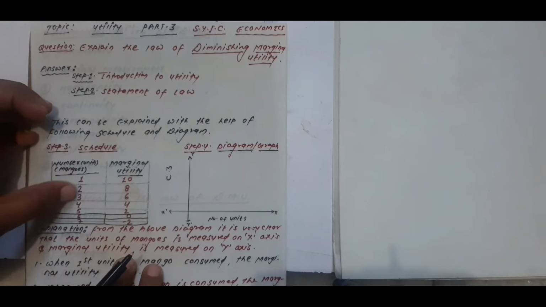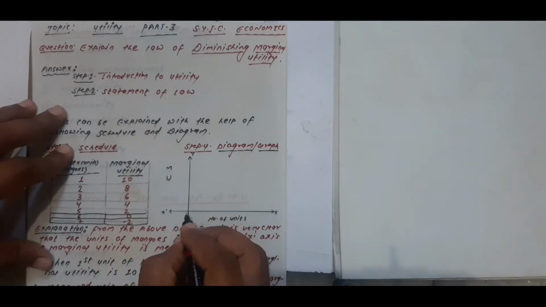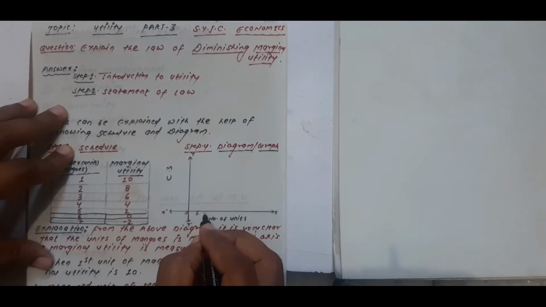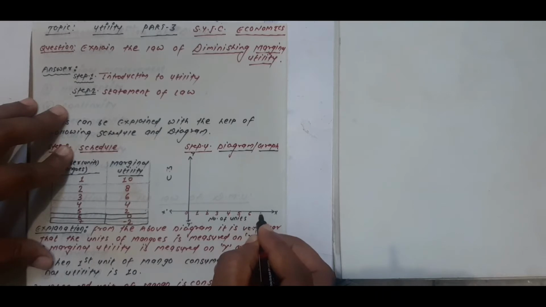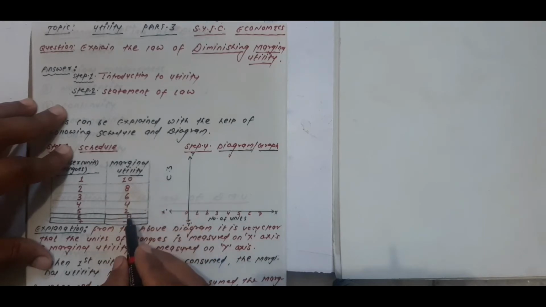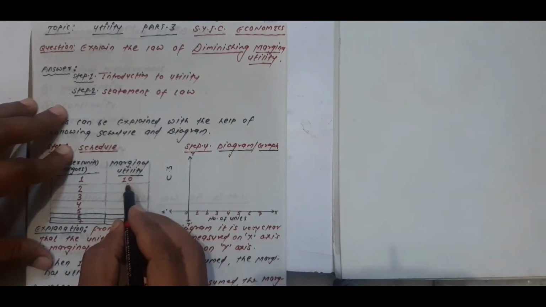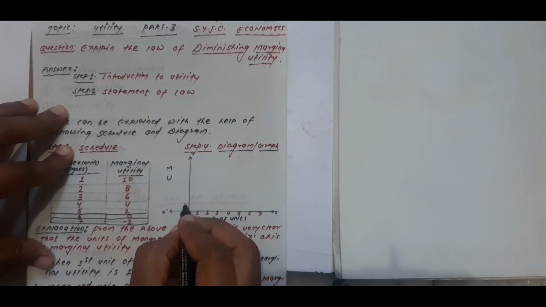The units are 1, 2, 3, 4, 5, 6, 7, so you have to put 0, then 1, 2, 3, 4, 5, 6, 7. After this comes the marginal utility. 10 is the highest one, and we'll start from here.